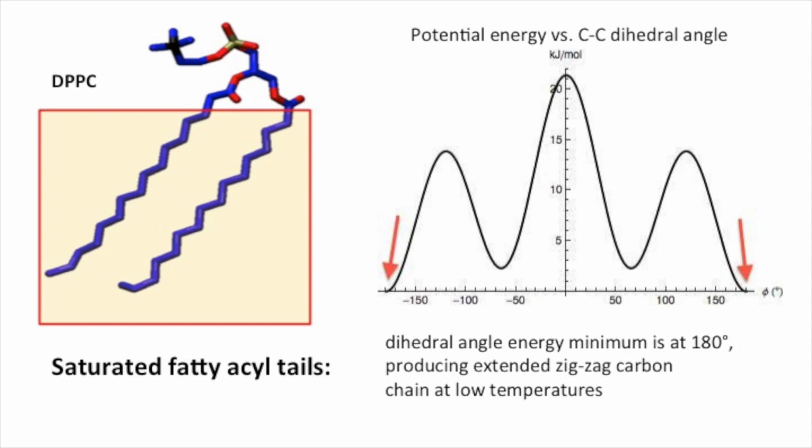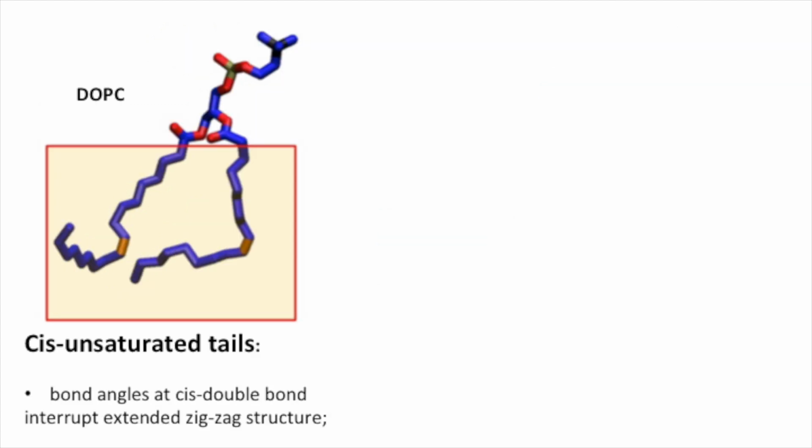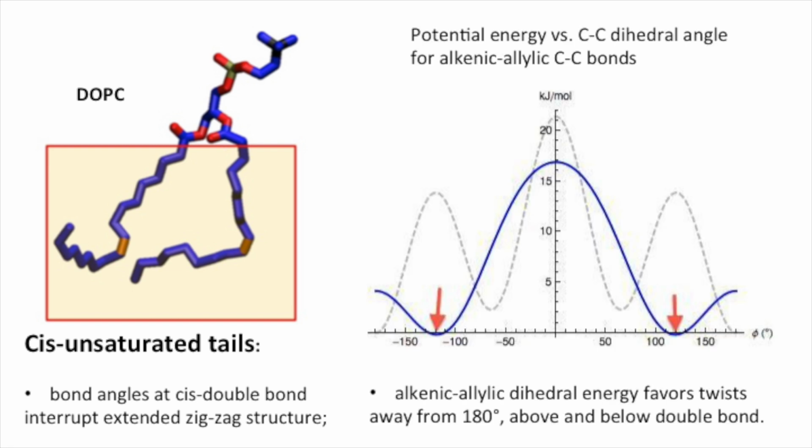The most stable conformation of a saturated lipid tail is extended, with all carbon-carbon single bond dihedral angles at 180 degrees. The presence of a cis double bond in unsaturated lipids not only produces a bend in the chain, but promotes out-of-plane rotations at the alkenic allylic carbon-carbon bonds, decreasing the likelihood of a solid-like ordered packing arrangement.